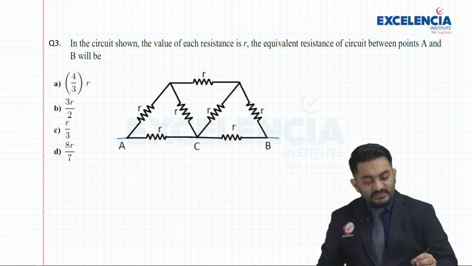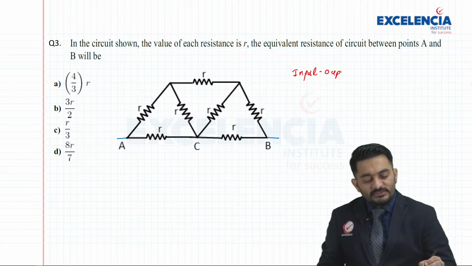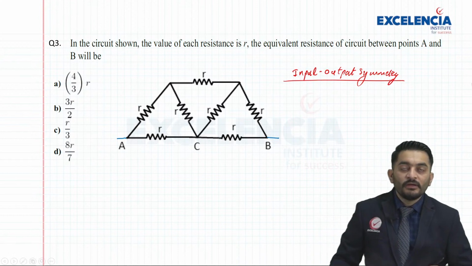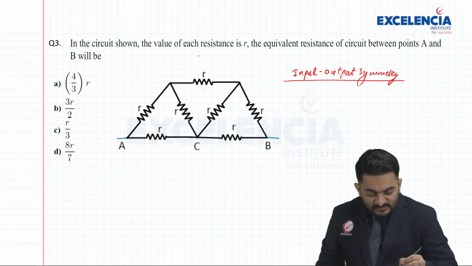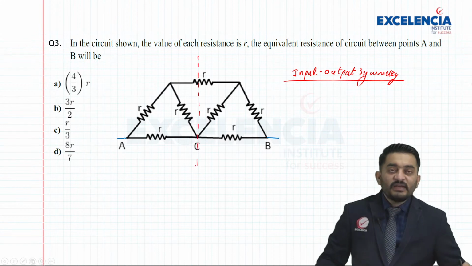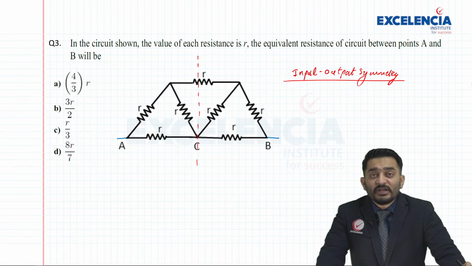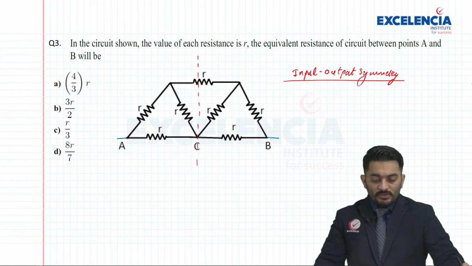This question is actually simple. I can see there is an input output symmetry over here, because of the way the current is going to enter and the way it's going to exit. If I draw my line of symmetry over here, remember that at the line of symmetry your potential value is actually 0.